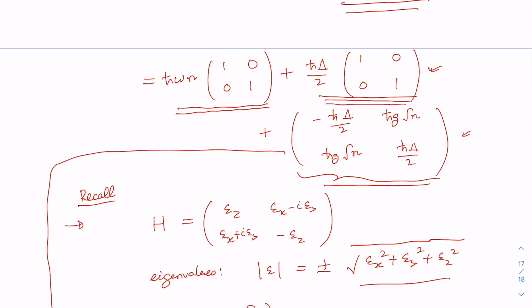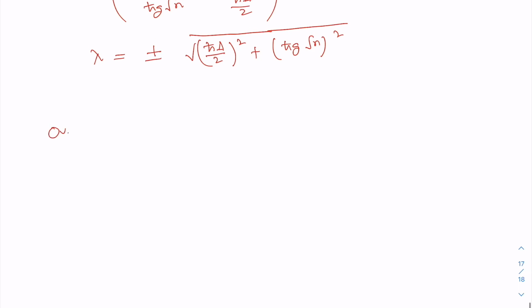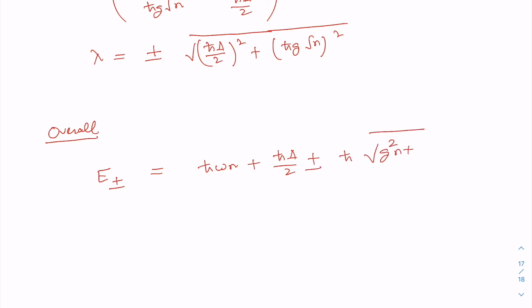I know the eigenvalues of this Hamiltonian, so overall we have the eigenvalues of the Jaynes-Cummings Hamiltonian under RWA: E± equals ħωn plus ħδ/2 plus minus ħ√(z²n plus (δ/2)²).